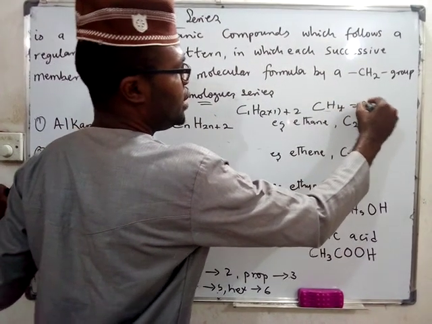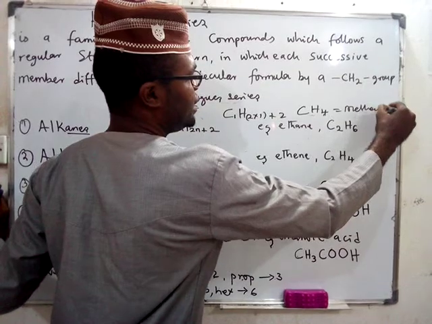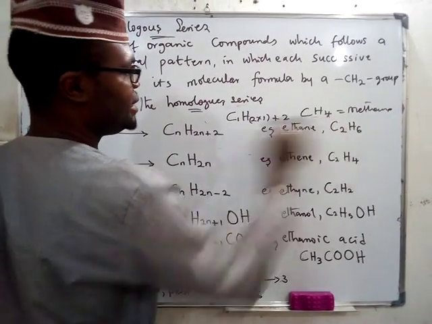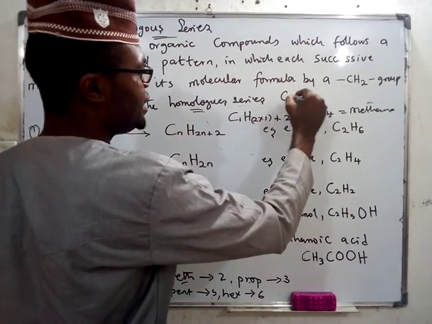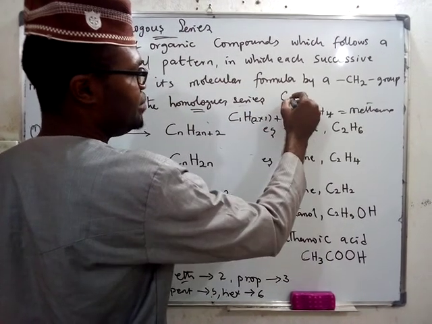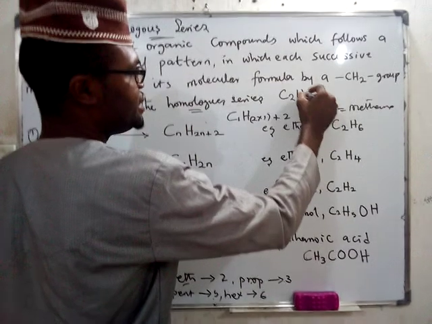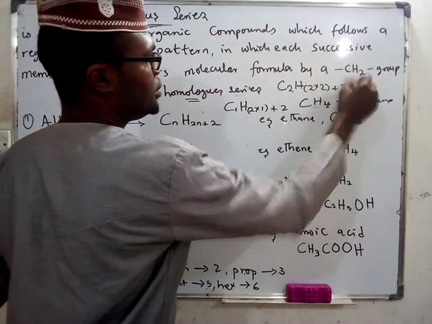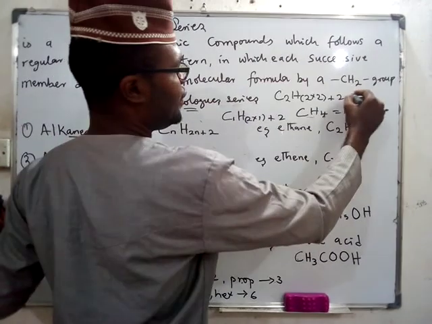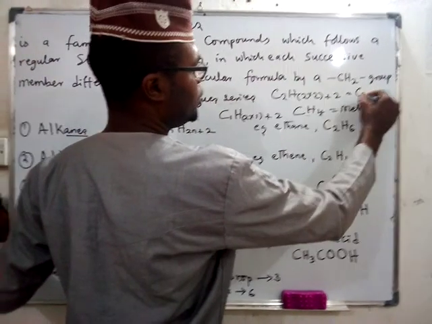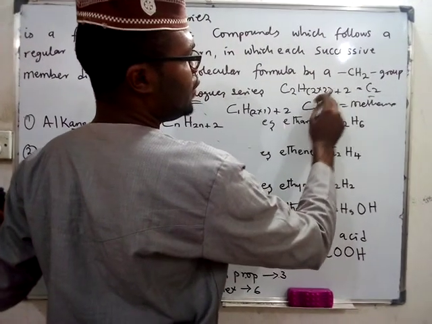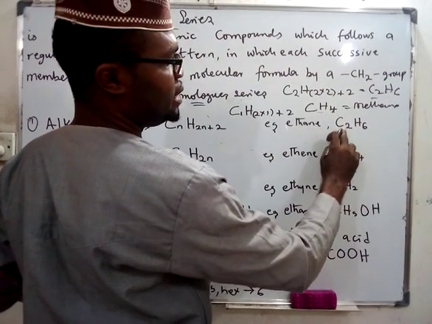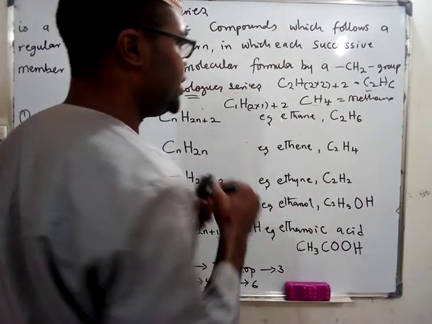So this one will be methane. How do we get ethane? The same thing: C, instead of 1, ethane will be 2. H, in bracket, you have 2 times 2, plus 2. 2 times 2 is 4, plus 2 is 6. Can you see it's C2H6? That's why we have ethane to be this.